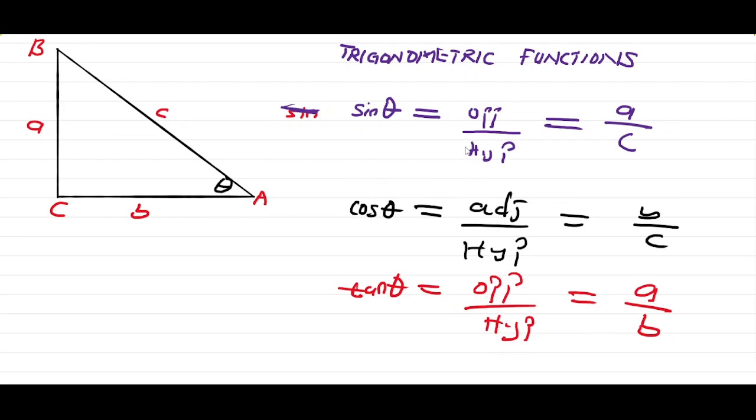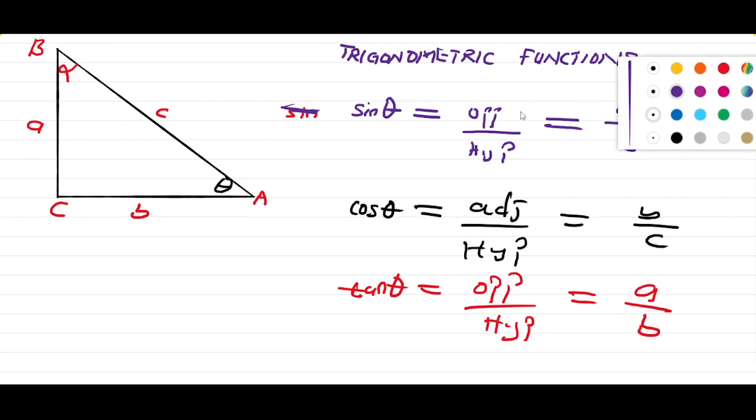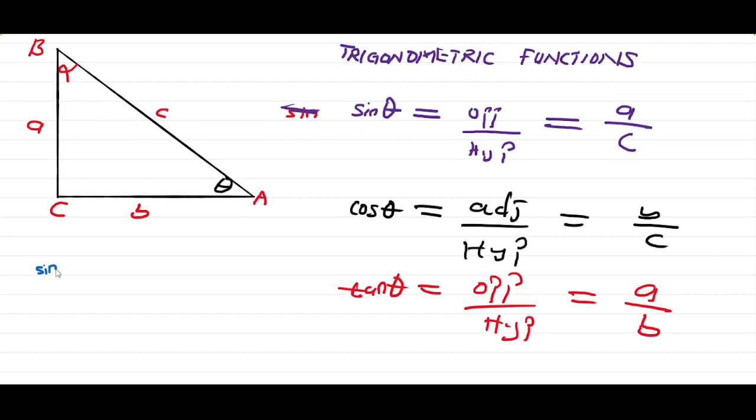Now another thing we can notice here is that, let's say this is angle alpha here, and that angle is alpha. Now let us try to do one thing. If we look at alpha as our point of reference, we'll have sine alpha equal to the ratio of the opposite, which is b, over the hypotenuse, which is c, and then cos alpha would give us the ratio of the adjacent, which is a, over the hypotenuse, which is c.